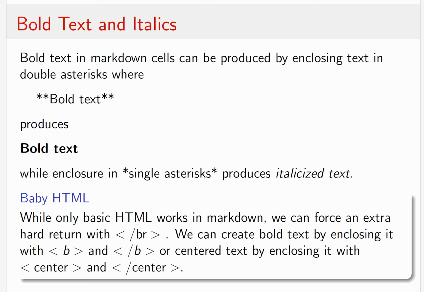All right. It turns out that some HTML does work, not a ton, admittedly. Sometimes I can force a hard return, because the markdown doesn't always put hard returns in where I want them. I can create boldface text.